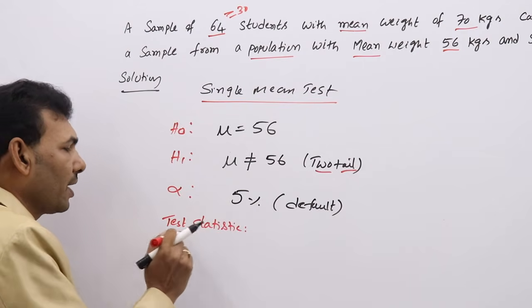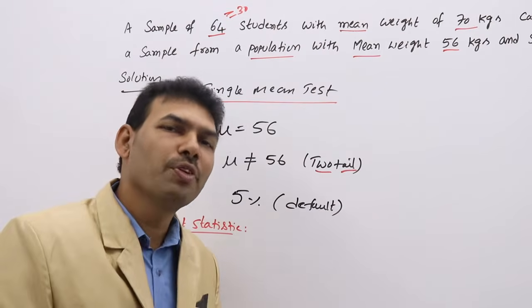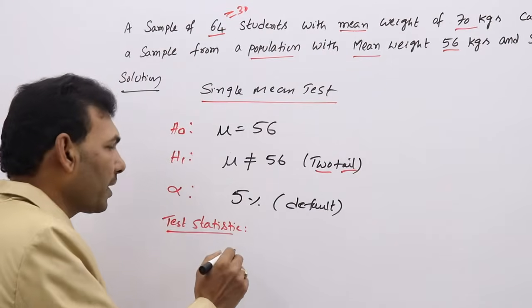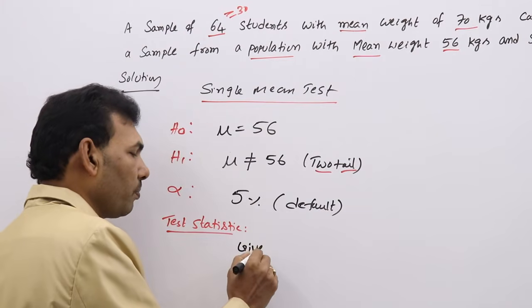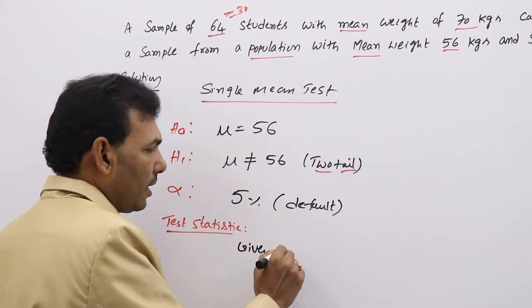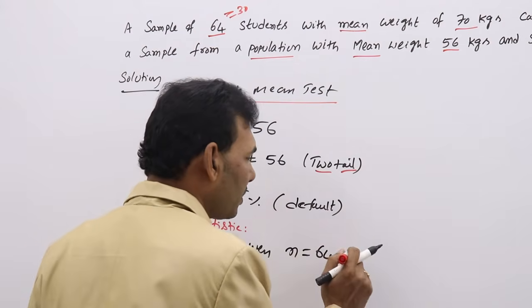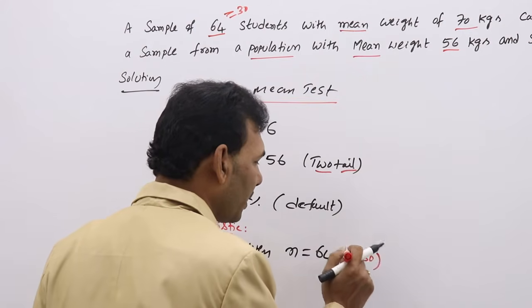Test statistic, the formula to calculate the calculated value. Before writing the formula, write what is the given data. So given n, size of sample is given, that is 64, which is greater than or equal to 30.